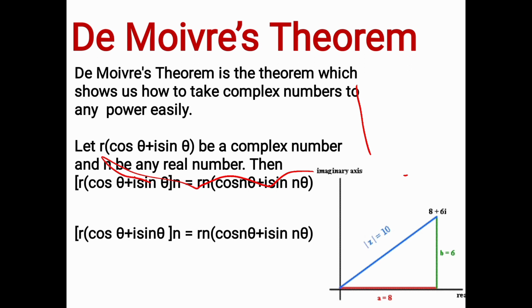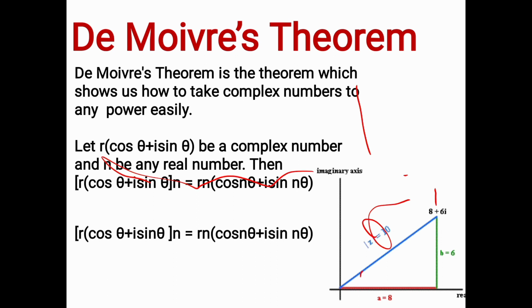Now suppose, for example, again we are talking about what r is, which we have already explained. Suppose x equals 8 and y equals 6. Then r equals root over 8 squared plus 6 squared, equals root over 100, equals 10. Here the modulus of z, also known as r, equals 10.